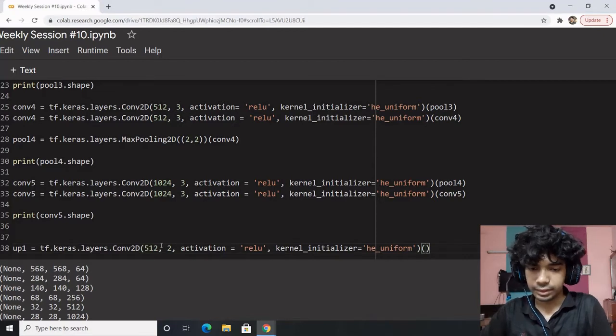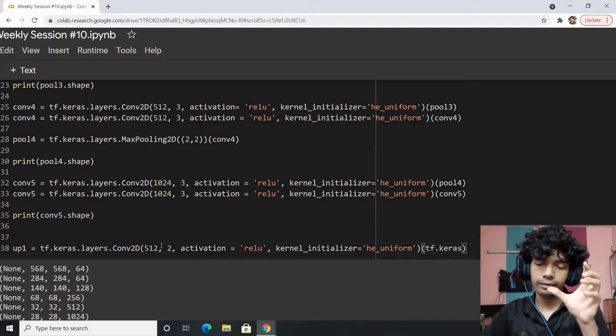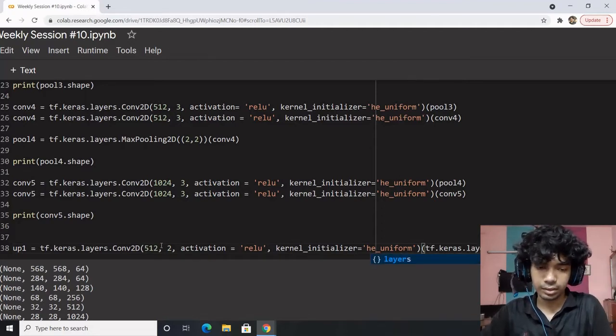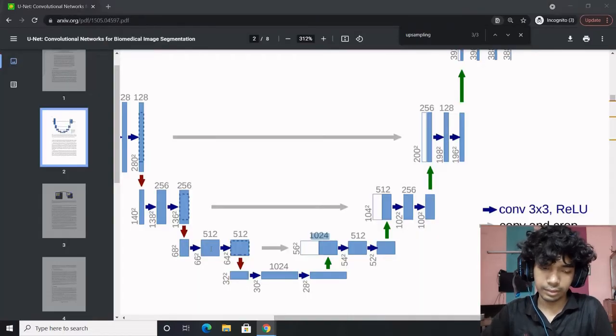What we have over here is convolution 5. We will apply two up convolutions. So let's do the up part. UpSampling2D, 2 cross 2.